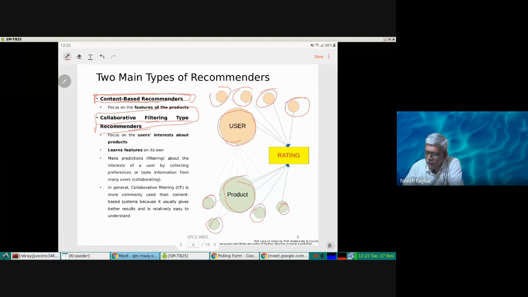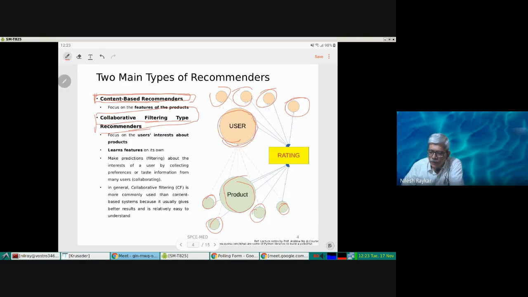So there are multiple products and there are multiple users, and in those sites the recommendation system works based on the ratings given by different users to different products. So these ratings may be explicit, when you buy a product you give a certain rating to that product. So based on that they understand your likings and they build your profile.